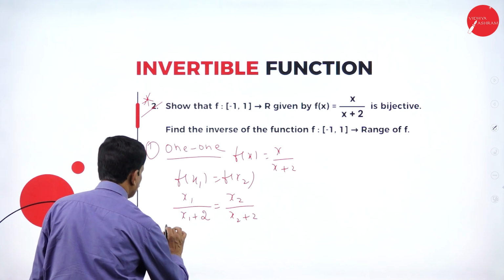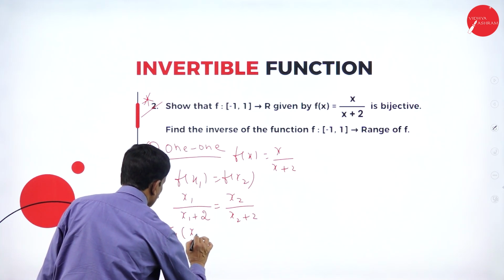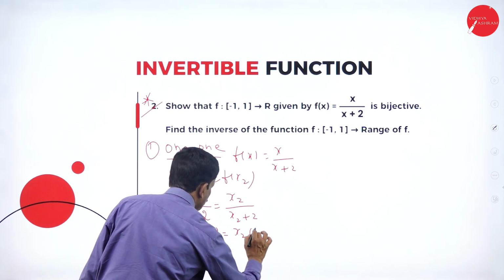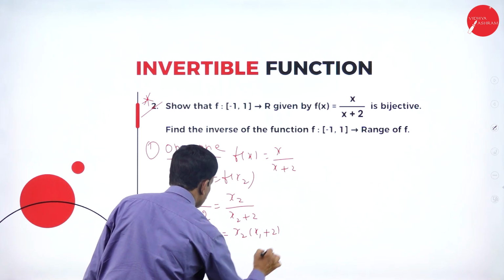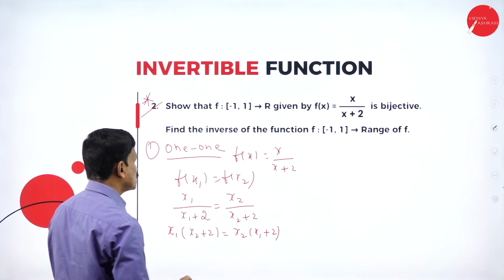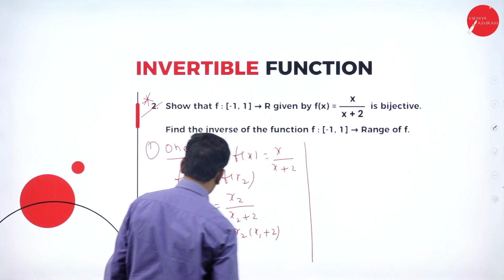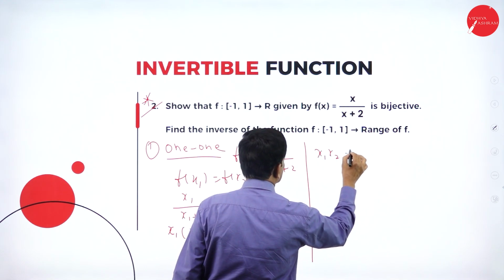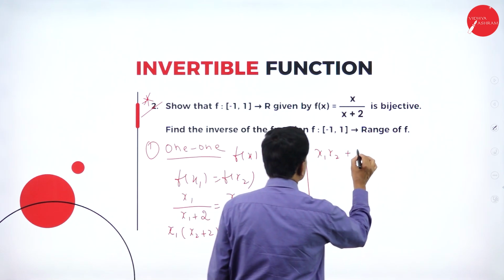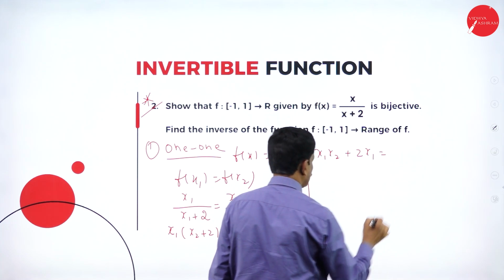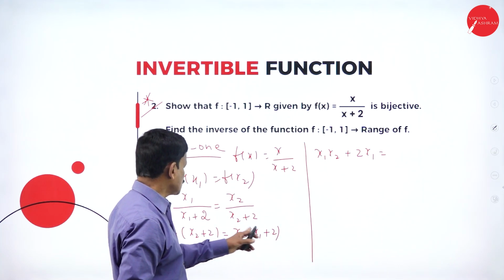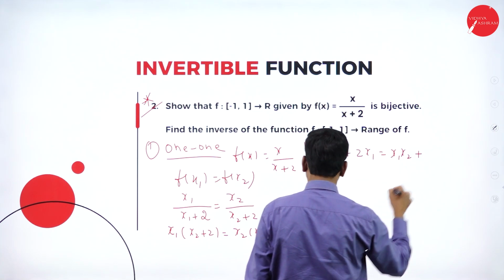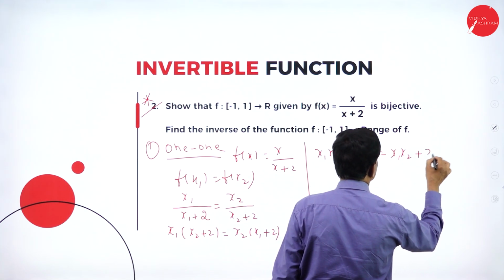Cross multiply and simplify. x1 into (x2 plus 2) is equal to x2 into (x1 plus 2). Multiplying out, x1 into x2 is x1x2, plus 2 into x1 is 2x1, is equal to, similarly on the right hand side, x1x2 plus 2x2.